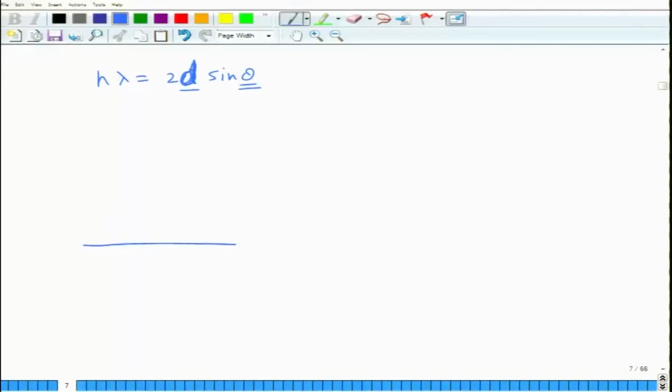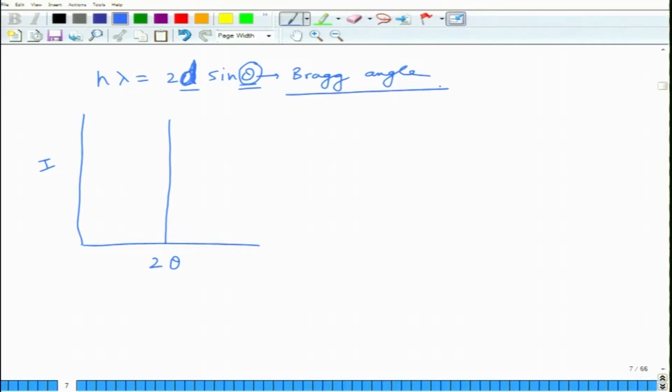So for the ideal crystal, if you plot intensity for a given peak as a function of 2 theta, I must have a single, very sharp line, because this angle is fixed. This is the Bragg angle. Since it is fixed because of this Bragg relation, there must be a single peak at 2 theta b.